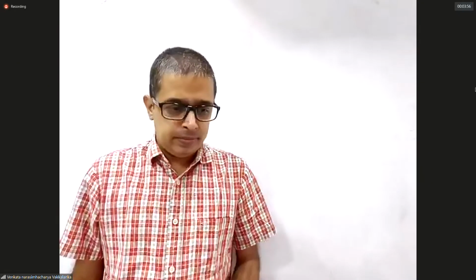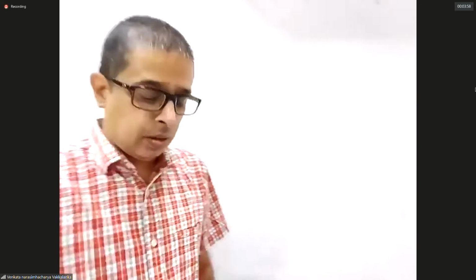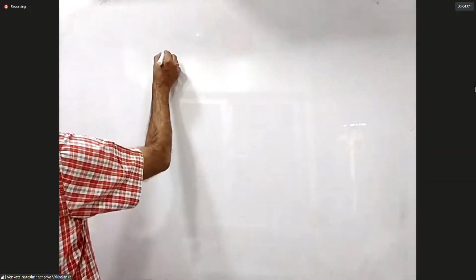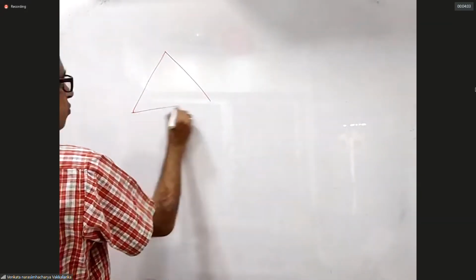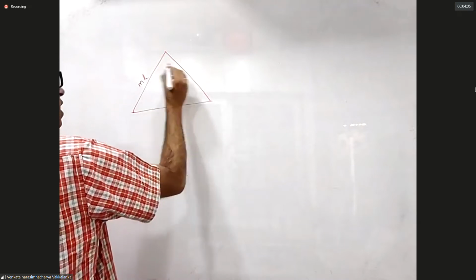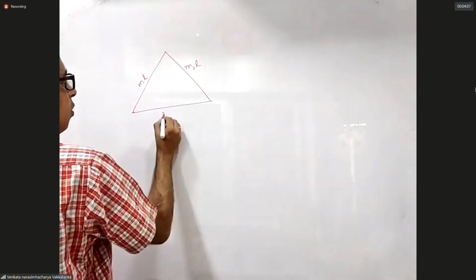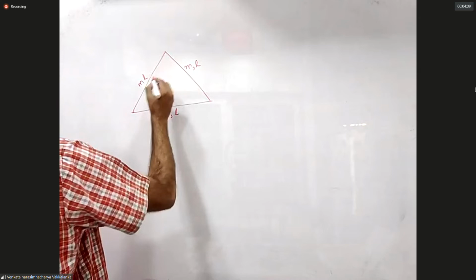Okay, did we deal with 3 rods forming an equilateral triangle? No, sir. Find the moment of inertia of these 3 identical rods of mass m and length l.